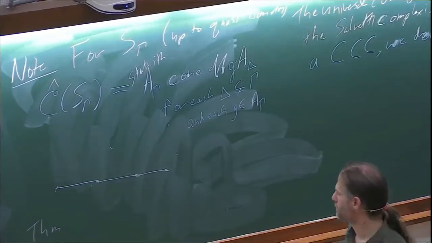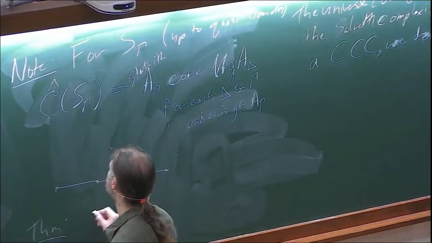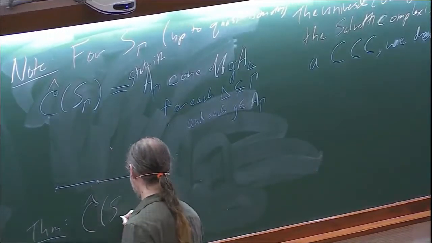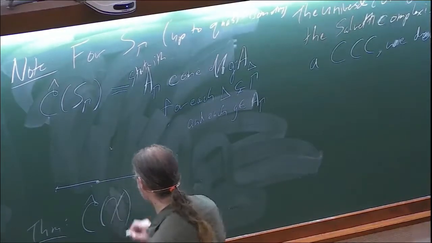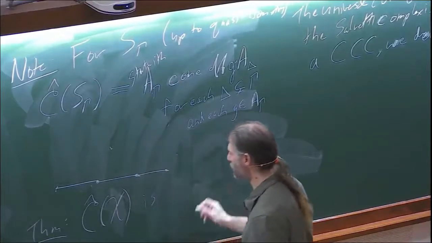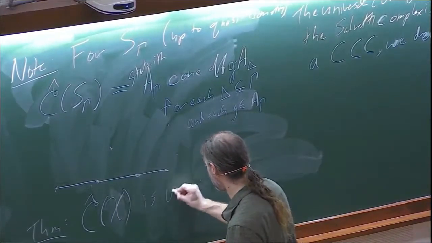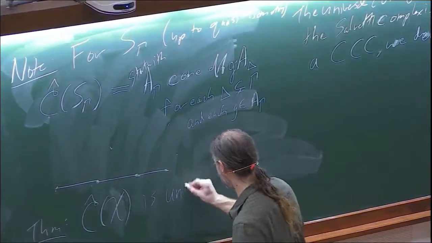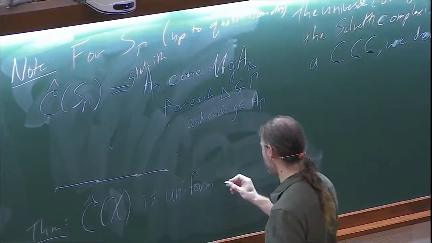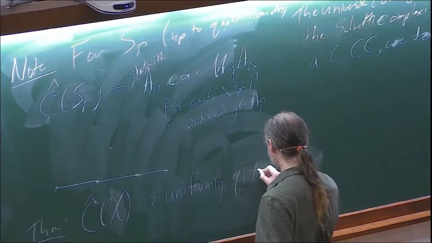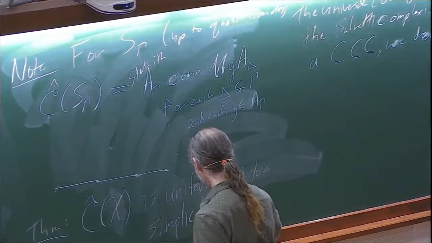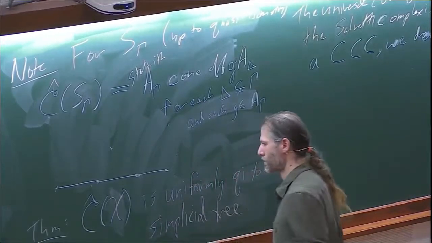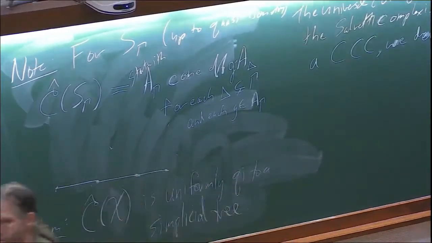A theorem is that these factored contact graphs, and this works in general for any CAT(0) cube complex, are uniformly quasi-isometric to a simplicial tree, with slightly worse constants, but still fairly small constants.